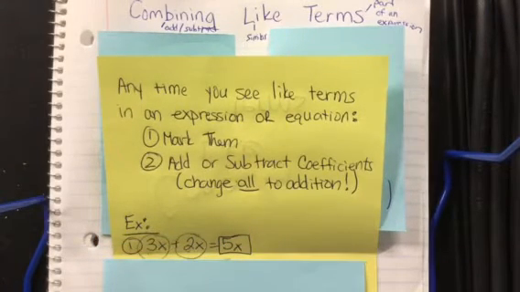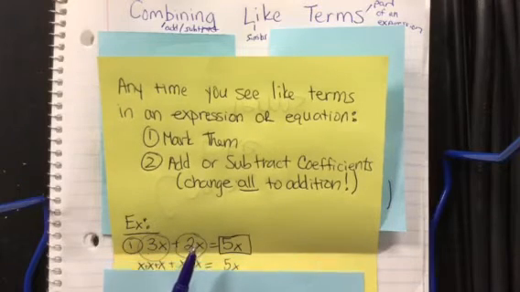Number one, example. I have 3x and I have 2x. Are those like terms? Yes. So I can combine them. I'm going to add the coefficients. So 2 plus 3 is 5. And then my variable stays the same.